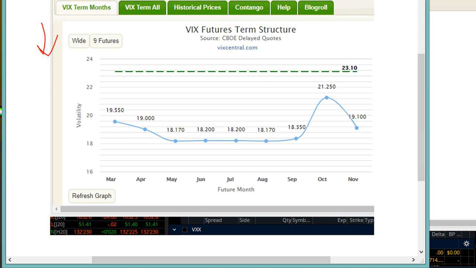This VIX spot price, 23.10, was up over 8 points yesterday, and thus there is a bigger distance. Right now there's a little over 3 points between the front month future and the spot price. Just yesterday, this distance was a lot higher. It was up here, and the distance was a lot higher.